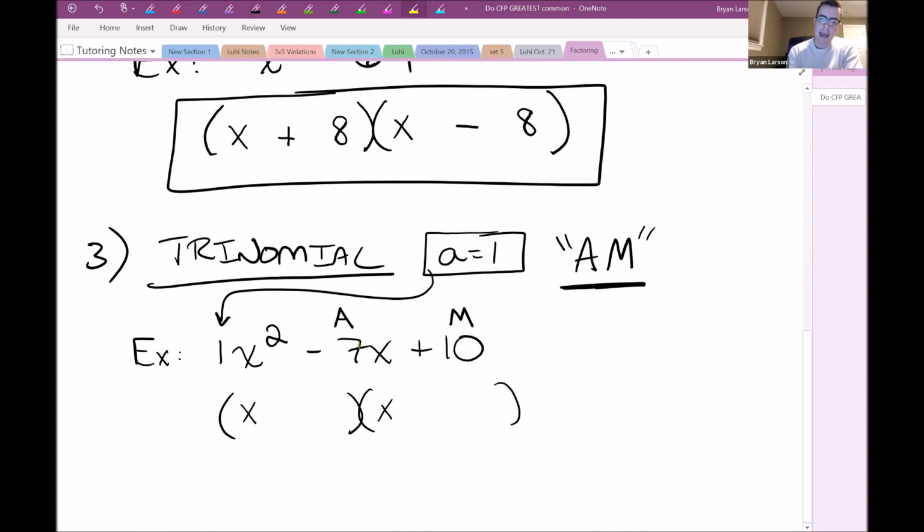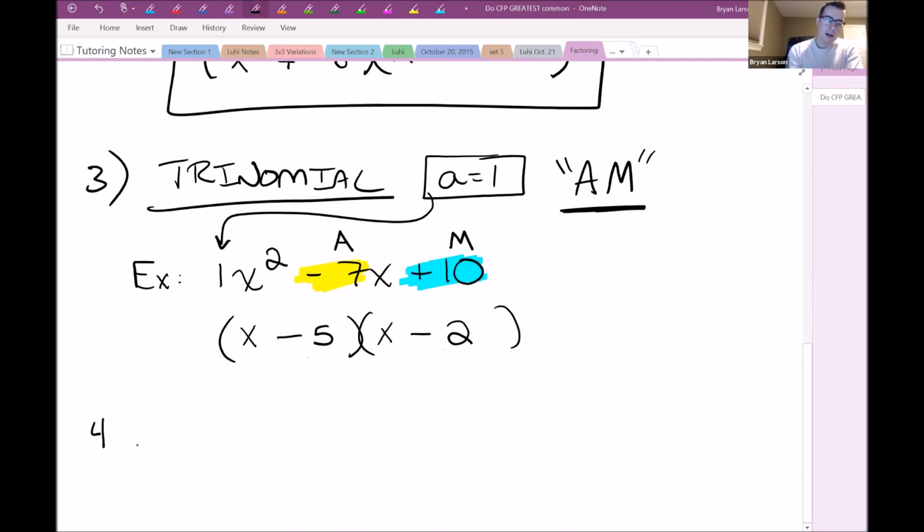So they're going to have to add to negative 7, and they have to multiply to a positive 10. Well, the way that we're going to get that here is negative 5 and negative 2. Because negative 5 times negative 2 is a positive 10, but negative 5 plus negative 2 gives us negative 7 there. And that's how we factor down these trinomials.